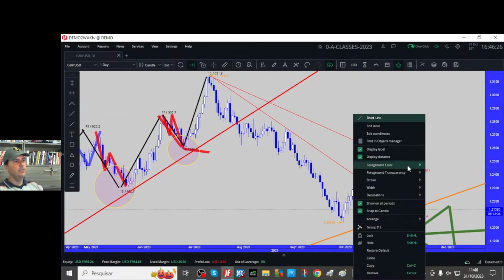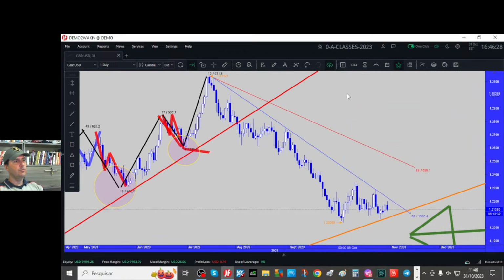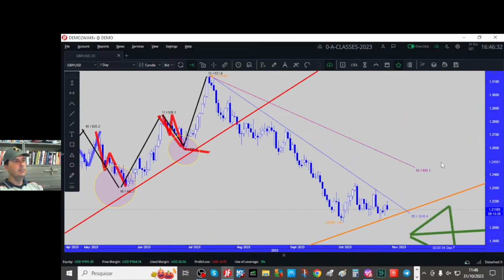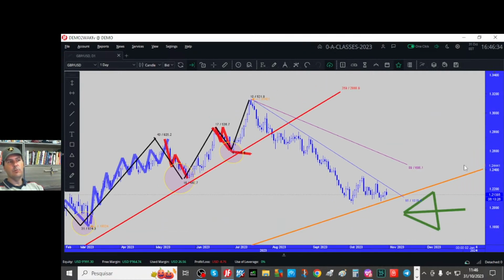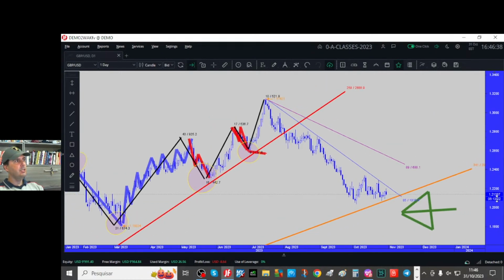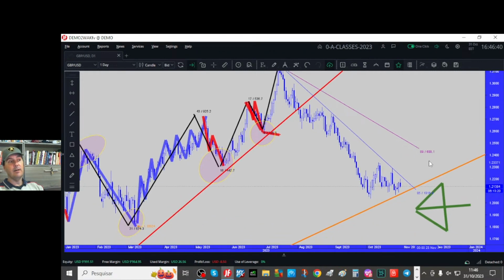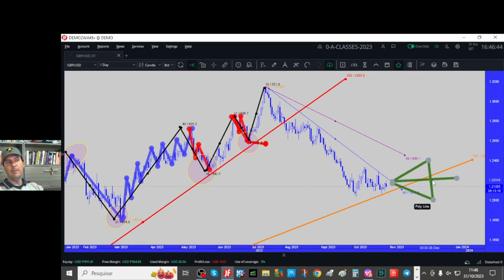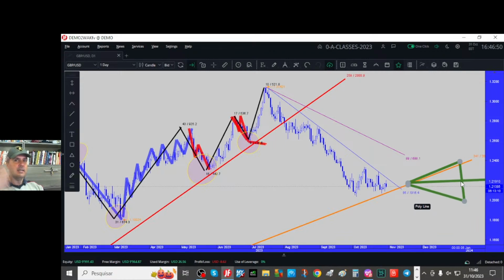So this would be the blue trend line, and this is going to be the violet one. Alright? Talking about convergences, if you are buying GBP USD right now, are you entering at the good timing, or are you entering prematurely because you think that this market is going to go up?